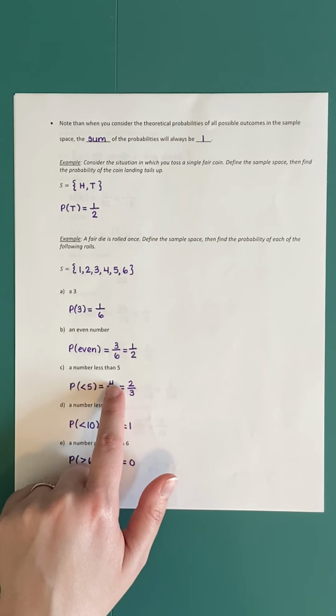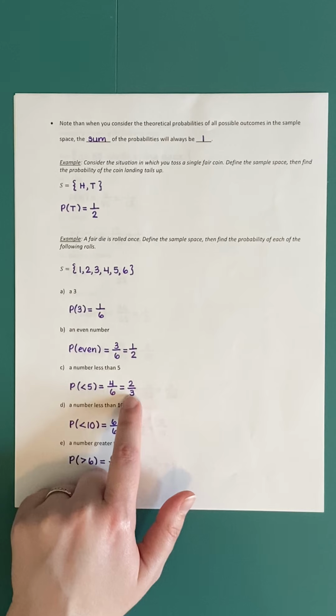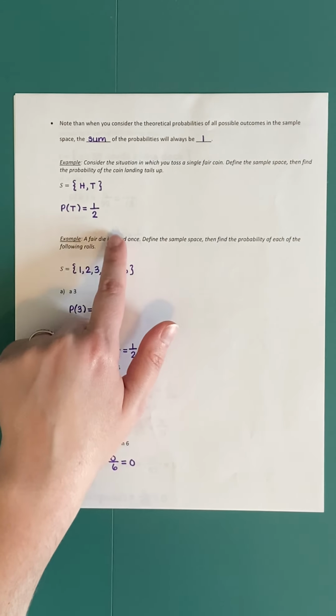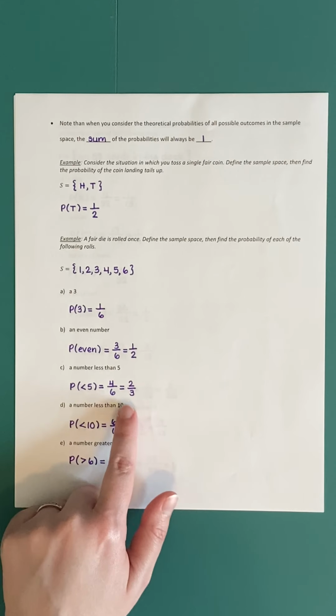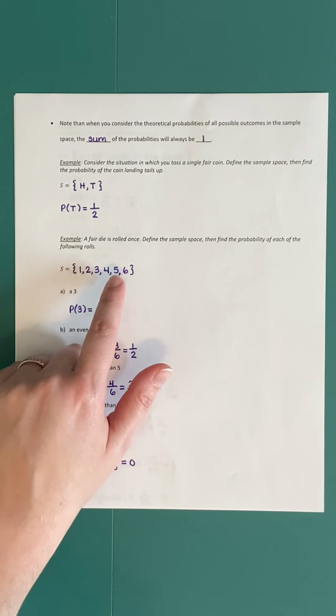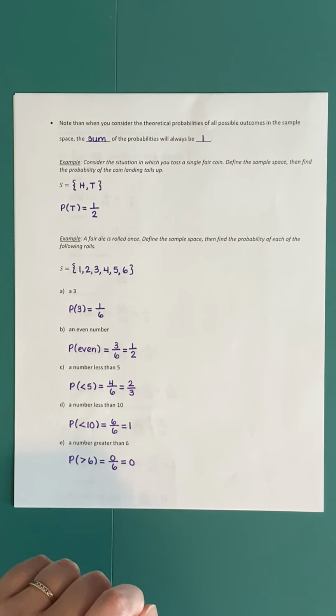So our numerator is going to be 4 over our denominator of 6, which again reduces to 2 over 3. So 2/3 of the time, if we're rolling a fair die, we're going to roll a number that is strictly less than 5. The other third of the time, we would roll a number that's greater than or equal to 5. In other words, the 5 or the 6.